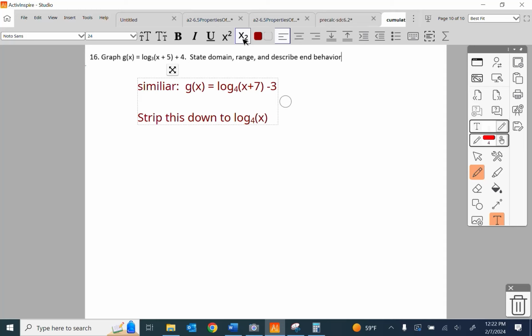Now I know things I'm supposed to know. I know that it must contain (1, 0) and (base, 1). So this thing has a base of 4. It has to contain (1, 0) and (4, 1), because that's what logarithms do.